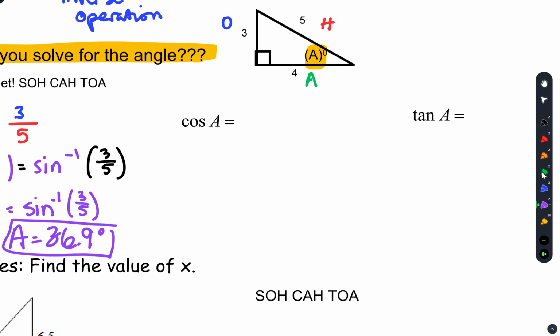So for cosine, that would look like 4 over 5, adjacent over hypotenuse. Guess what? The inverse of cosine is called inverse cosine. So I'm doing inverse cosine of both sides here.